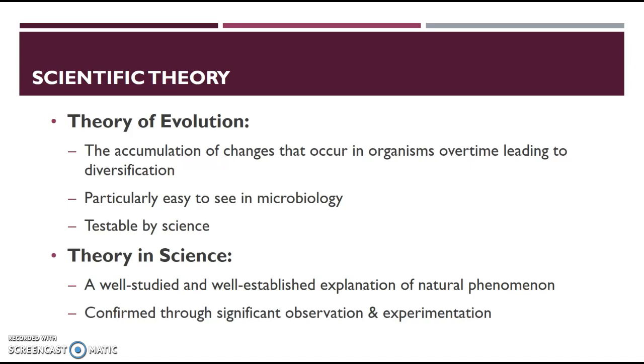Okay, so it's important to keep in mind as you read and are exposed to more scientific terms that you think about how the term is used in science and not how the term is used in everyday language.